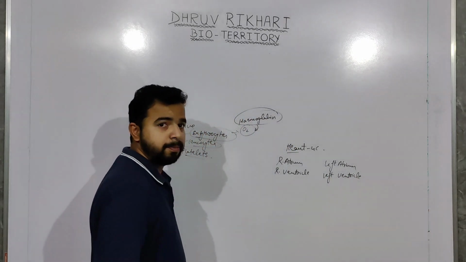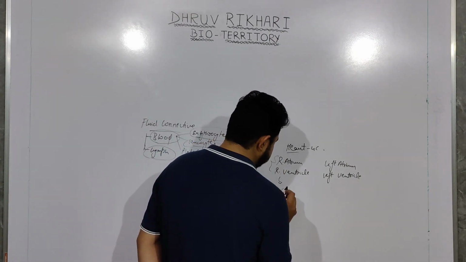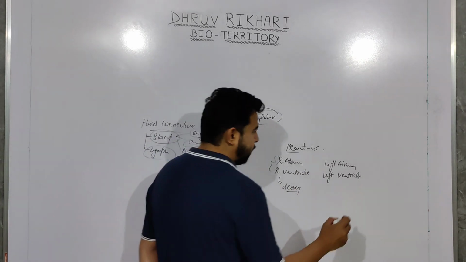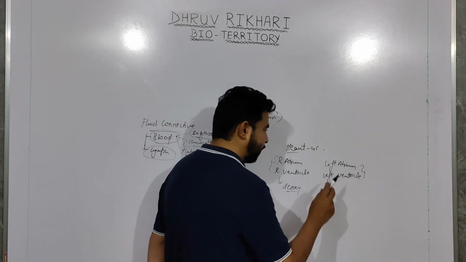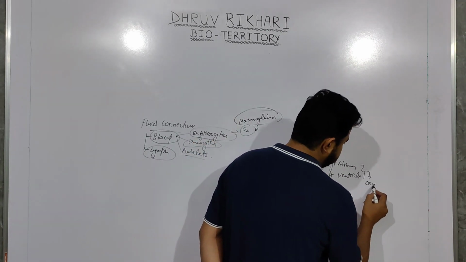Now these are the 4 main chambers. In the right atrium and right ventricle, there is deoxygenated blood present. And within the left atrium and left ventricle, the oxygenated blood is present.